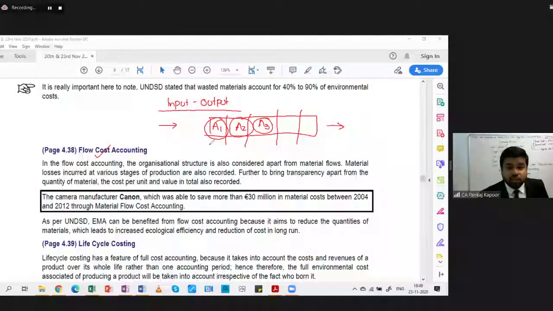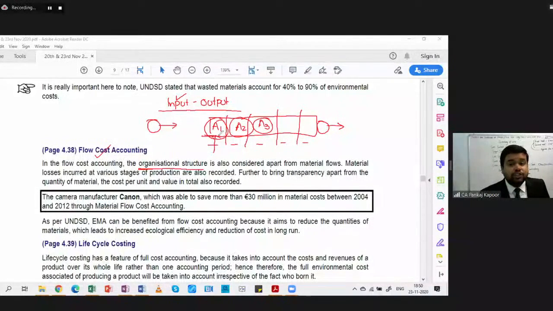Then you must understand the structure of those departments, and how the structure of that department impacts the activity. It means it is not only analyzing the difference between the input and the output, it also analyzes the organization structure, because it may be possible that some wastage, some reduction in the output in comparison to the input, is due to the organization structure.